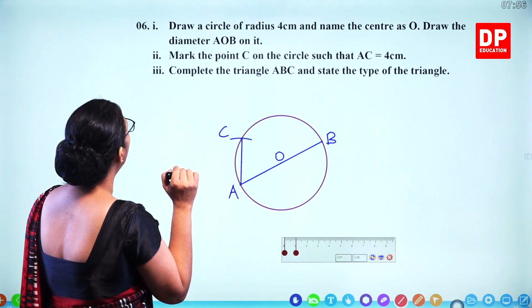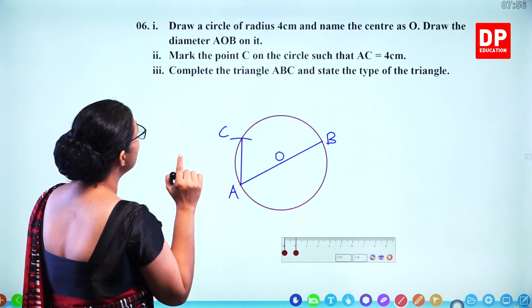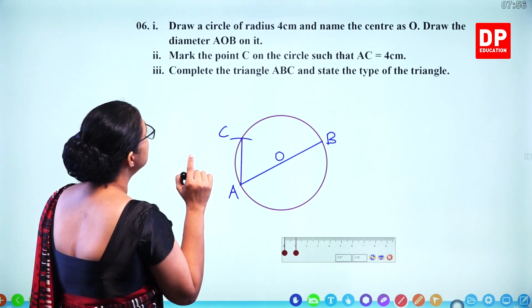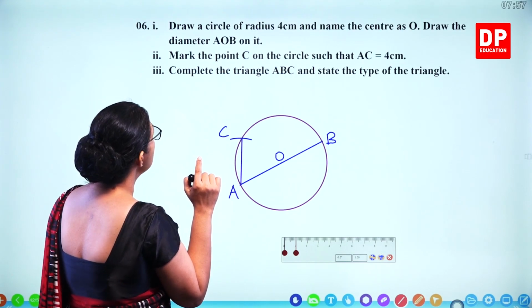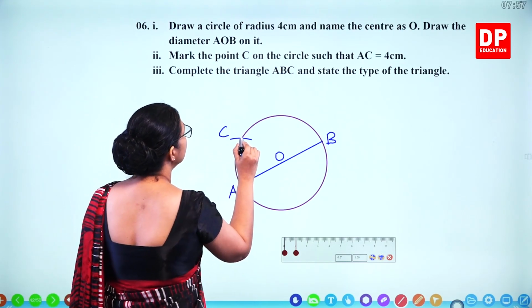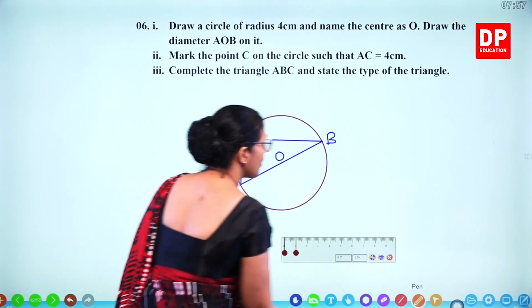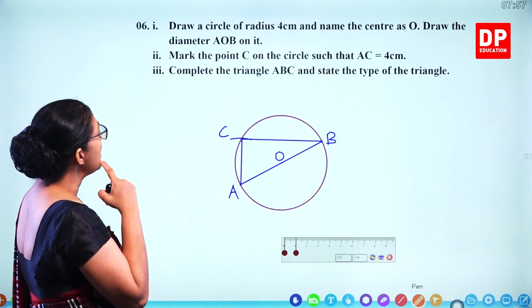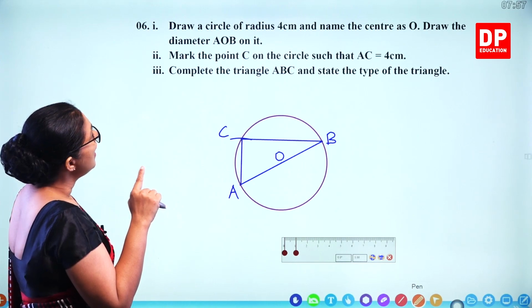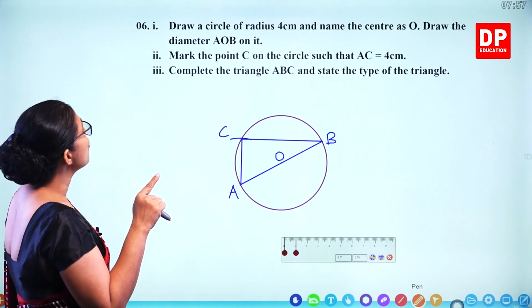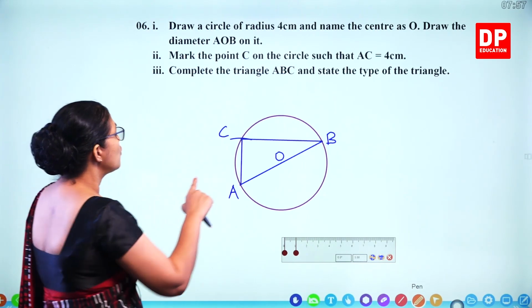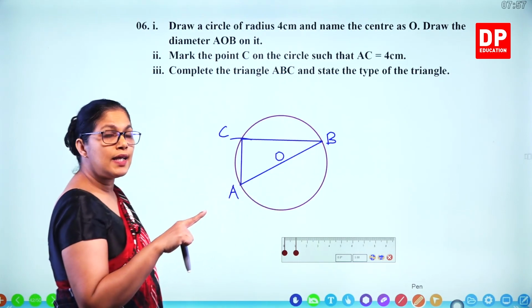AC is 4 and you are asked to complete the triangle ABC. What can you say about the triangle ABC? And you have to state the type of the triangle. So we know this is the diameter.